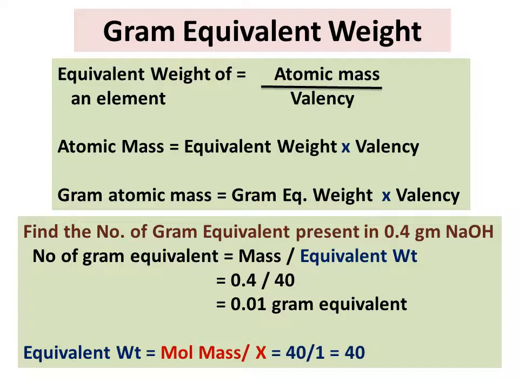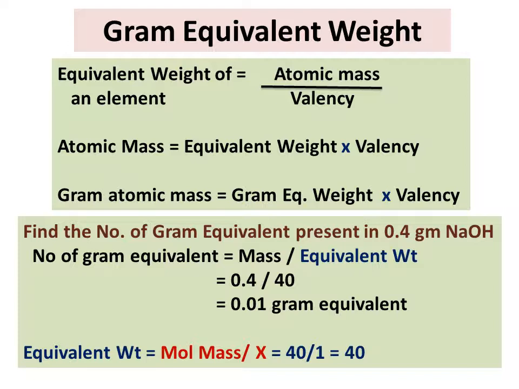So now let us have one numerical. Find the number of gram equivalents present in 0.4 gram of sodium hydroxide. How are we going to find it? The formula we have already learnt: number of gram equivalents is equal to the mass of that substance divided by its equivalent weight.